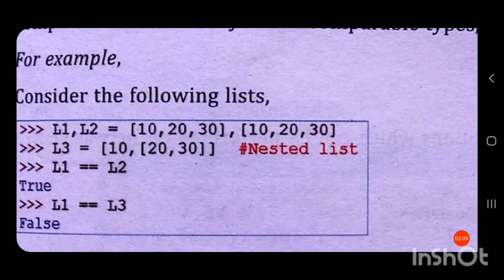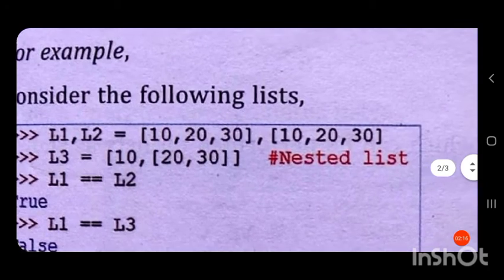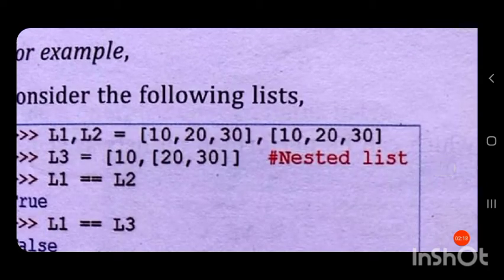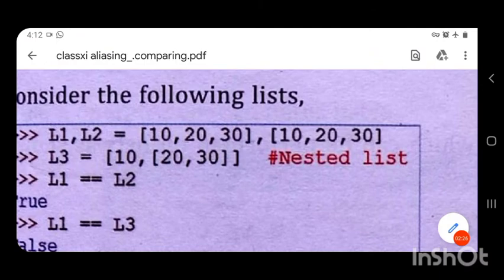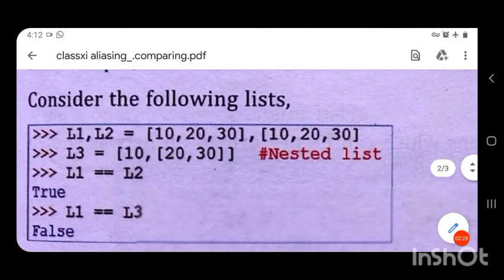Now, again we are assigning another list, L3, equal to, in square brackets, 10 comma, again a square bracket. That is, it is a nested list, a list inside a list. This L3 is a list containing two elements: one is 10 and another is a list containing 20, 30.